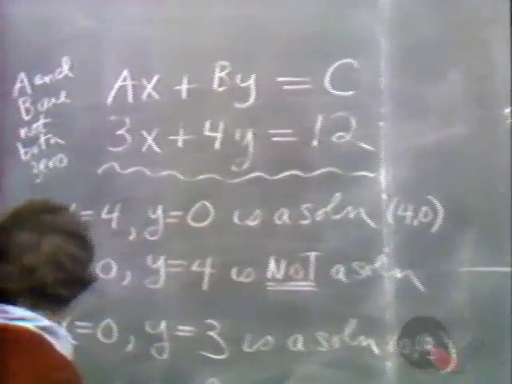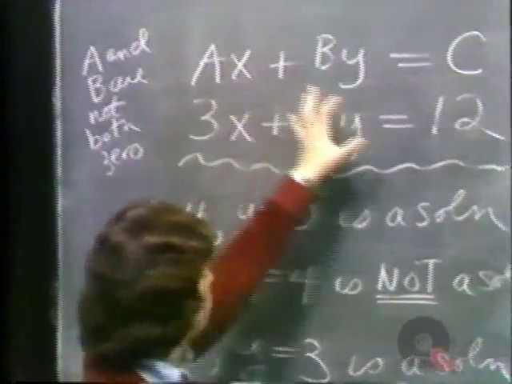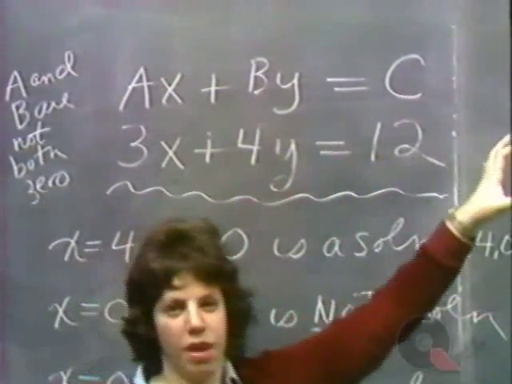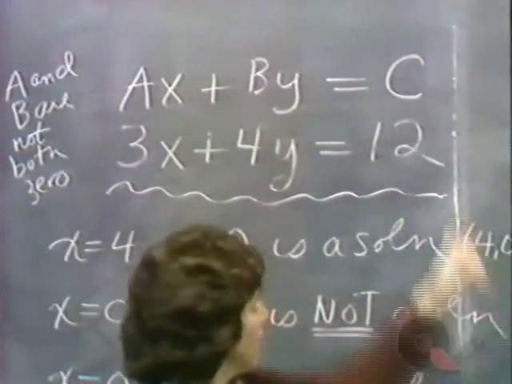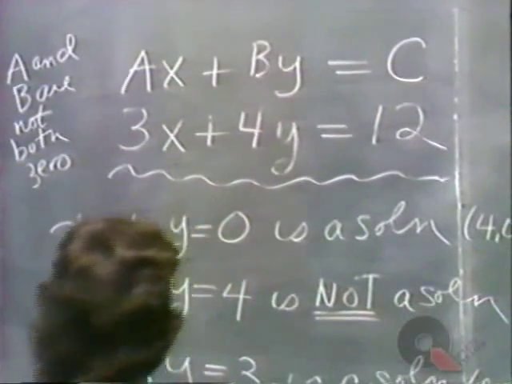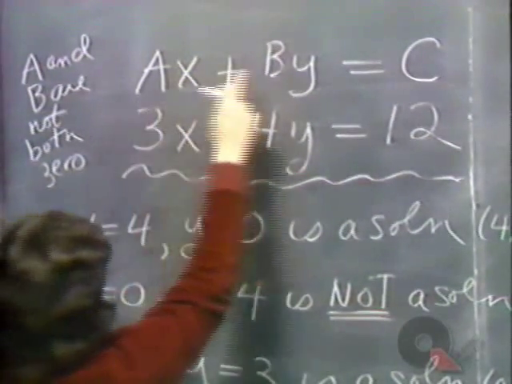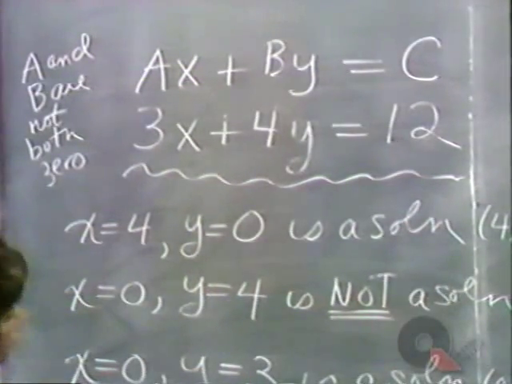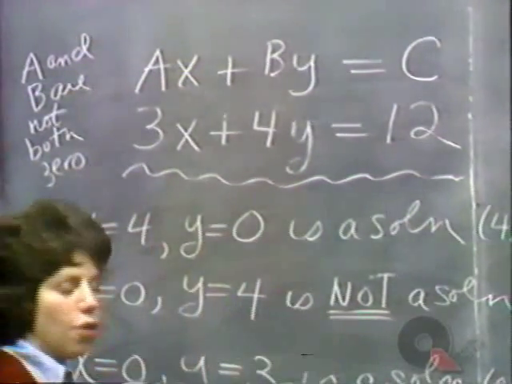If a and b were both 0, you can see what would happen here. You wouldn't have a line. You'd have 0 equals some constant, which, unless that constant was 0, wouldn't even be true. So we're assuming that a and b are not both 0. A, b, and c are all numbers. ax plus by equals c. We have an equation of this form.